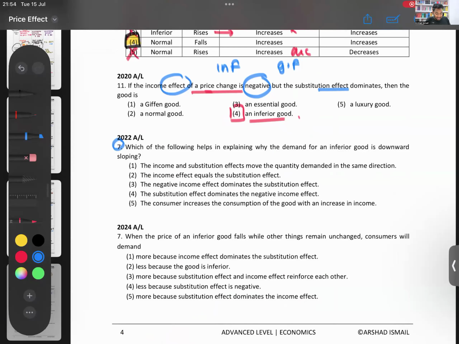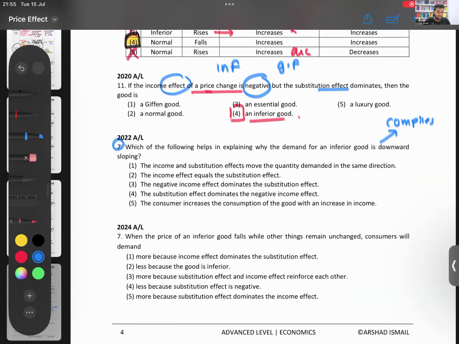Which of the following helps in explaining why the demand for an inferior good is downward sloping? Now, downward sloping means what? Complies with the law of demand or goes against the law of demand? Demand curve downward sloping means it complies with the law of demand. So they are asking you, why does an inferior good comply with the law of demand?